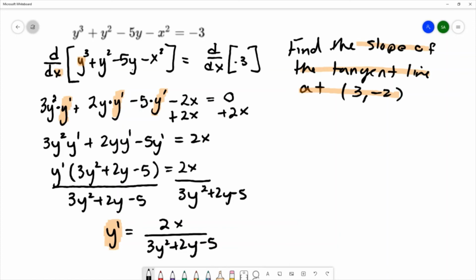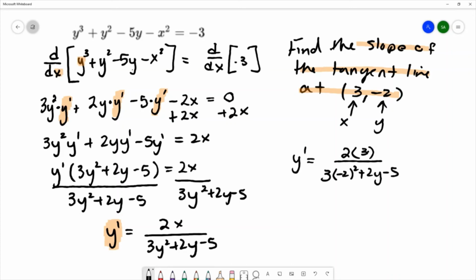So for this example, our x is 3 and our y is negative 2. We'll substitute that into the equation for the derivative. That will give me 2 times 3 over 3 times negative 2 squared plus 2y minus 5.